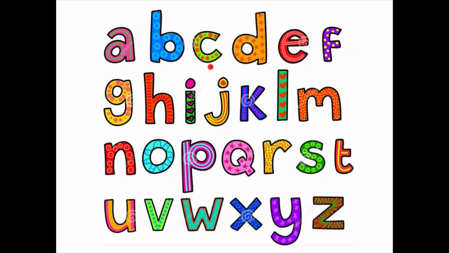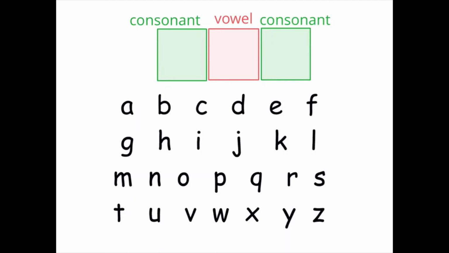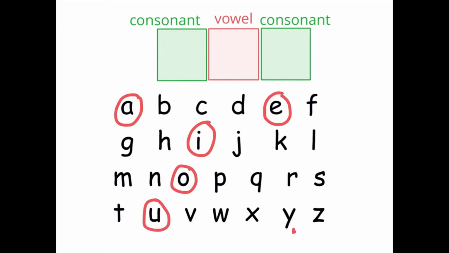A, B, C, D, E, F, G, H, I, J, K, L, M, N, O, P, Q, R, S, T, U, V, W, X, Y, Z. Do you remember which of these letters are vowels? I am going to use red to show the vowels. We have A, E, I, O, U, and sometimes Y.